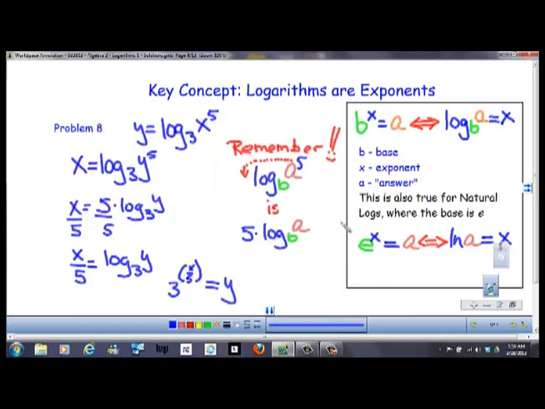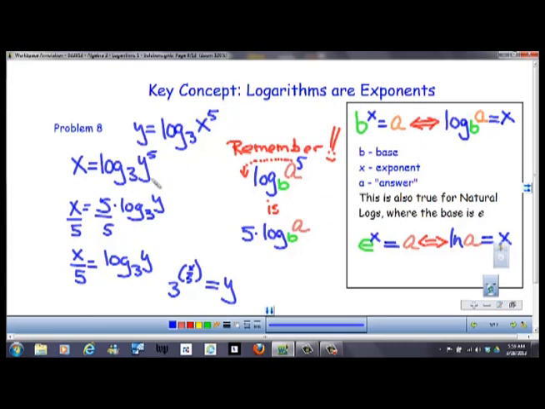All right, in this case we have y equals the log base 3 of x to the 5th power. You should remember that any answer raised to a power, when it's expressed as a log, is really that power times the logarithm. So log base b of a to the 5th is the same as 5 times the log base b of a. And we use that rule over here.